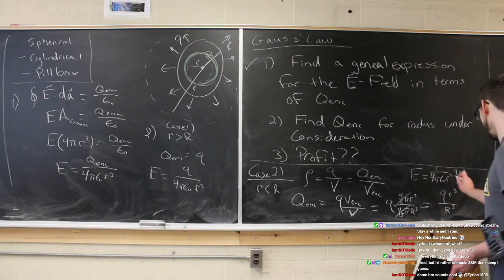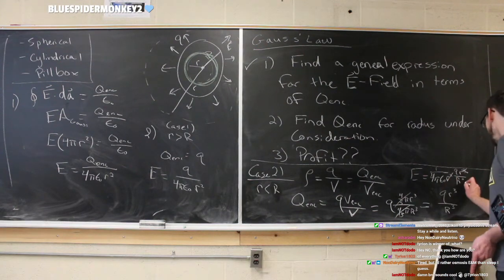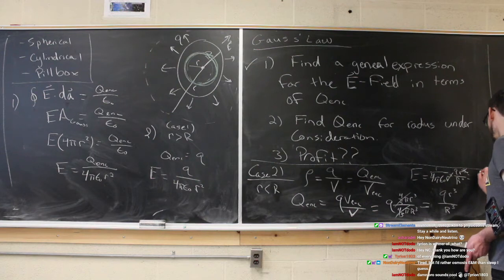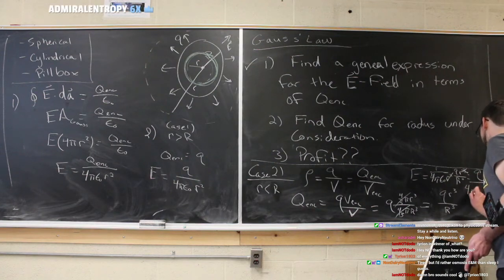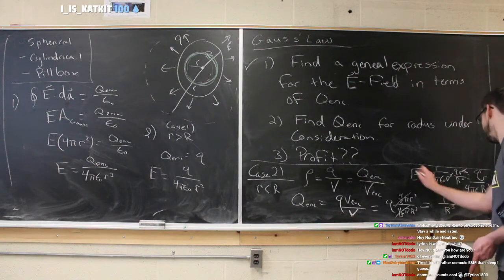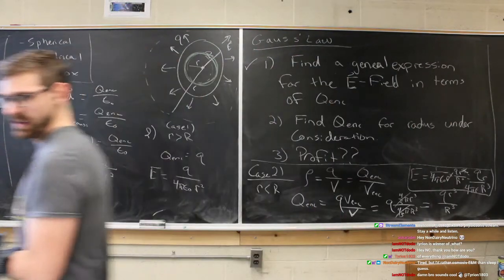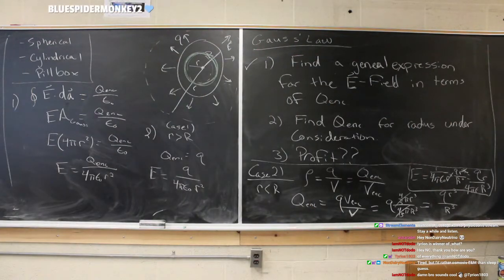And then we can cancel away: the r squared is going to cancel with 2 of these r's. And our final E field is going to be Q divided by 4 pi epsilon naught, times Q r over big R cubed. And that looks good to me. So that's going to be the answer to that problem for case number 2.